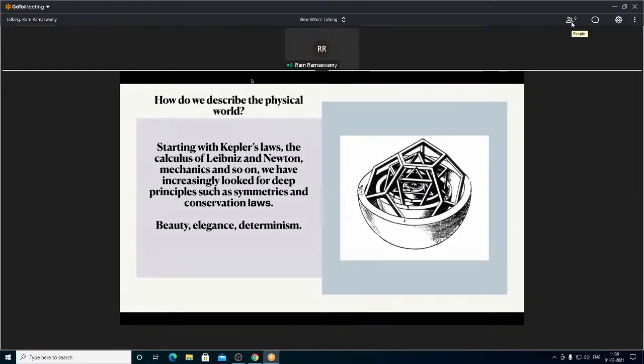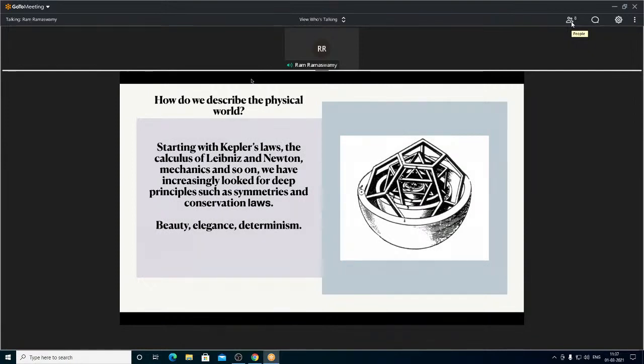And from the beginning of our civilization, we've been worrying about how to describe the world around us. So, among our ancestors, Kepler made all these wonderful laws, that the planets are going around in ellipses, simple curves, but that was a law, and that was very useful.